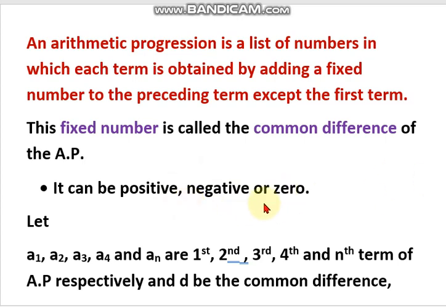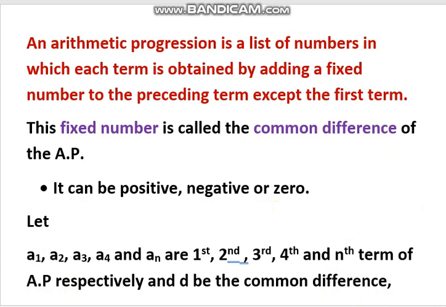Now if the d is 0, the sequence will be constant, neither will it increase nor decrease. Now let a1, a2, a3, a4 and an be the first, second, third, fourth and nth term of an arithmetic progression respectively, and d be the common difference. So now we are generalizing this arithmetic progression.